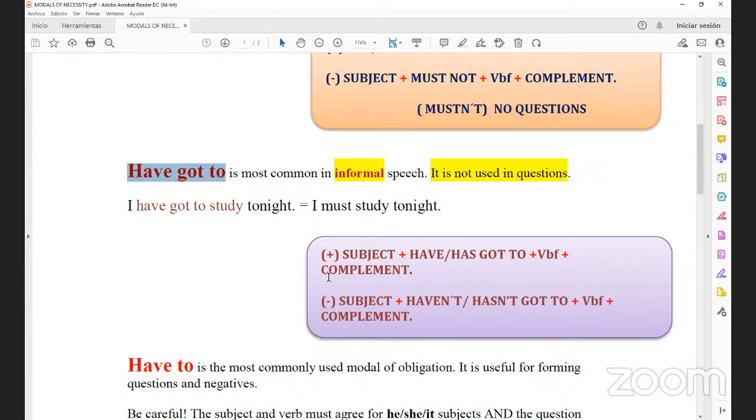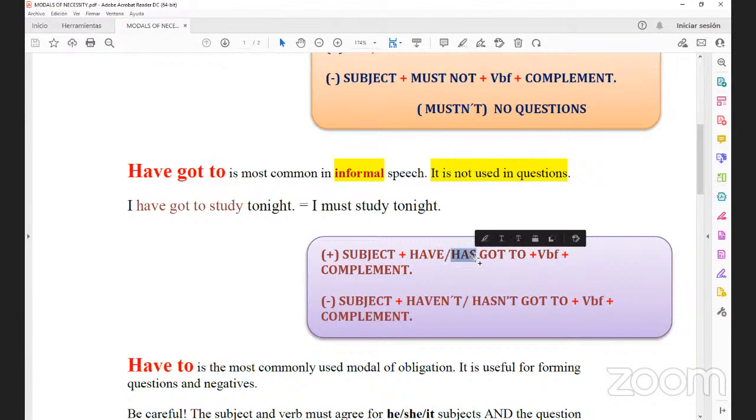So I can say, I have got to study tonight. It is going to be the same or similar to I must study tonight. So I have affirmatives and negatives, no questions. Here in affirmatives, depending on the subject, I can use have or has.